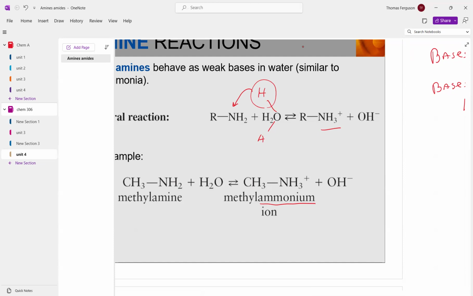Now, if you remember from 305, possibly, one of the common cations is NH4 plus. And how you derive that is from throwing ammonia into water, and you end up with NH4 plus.